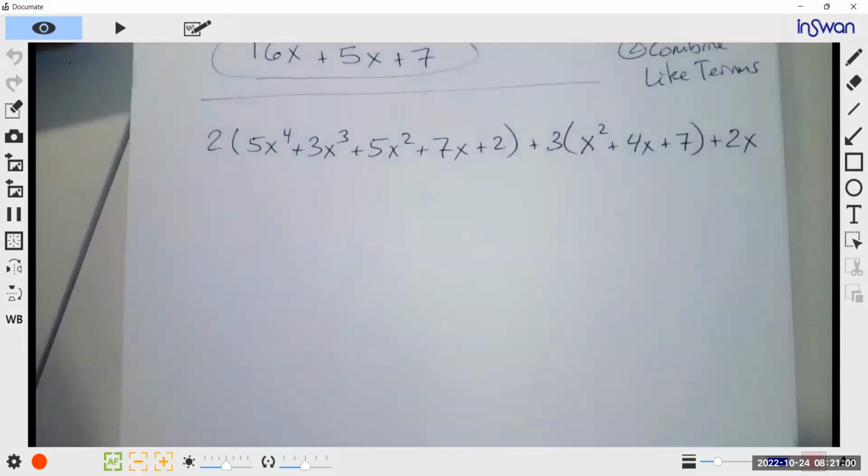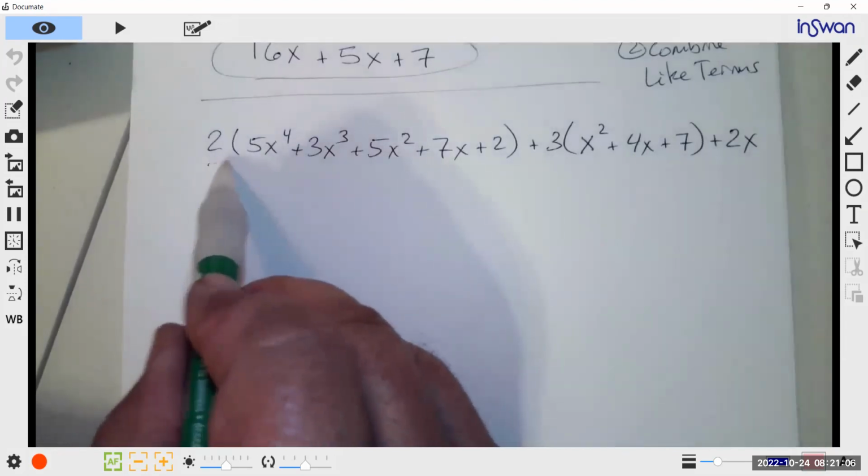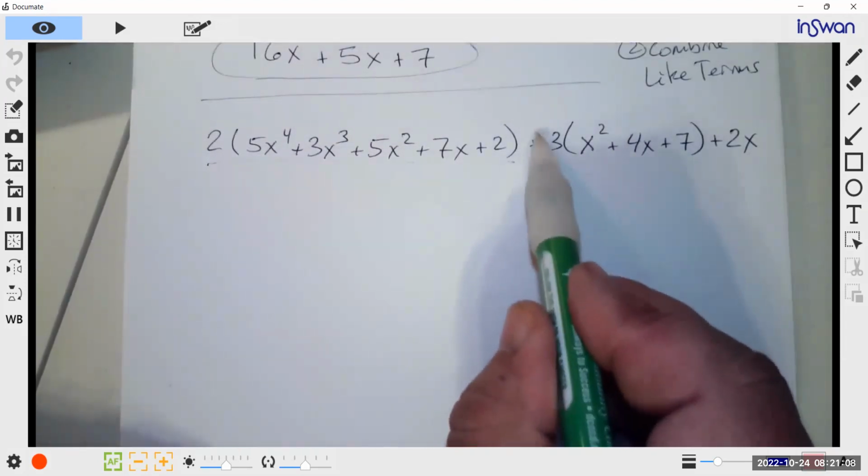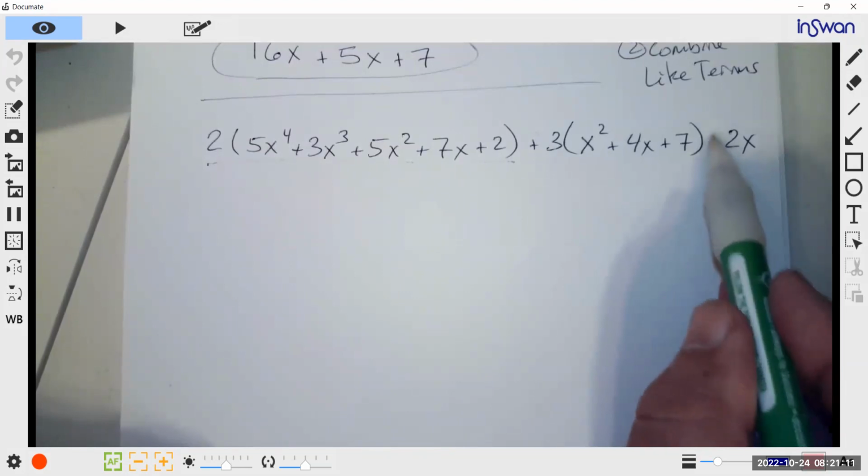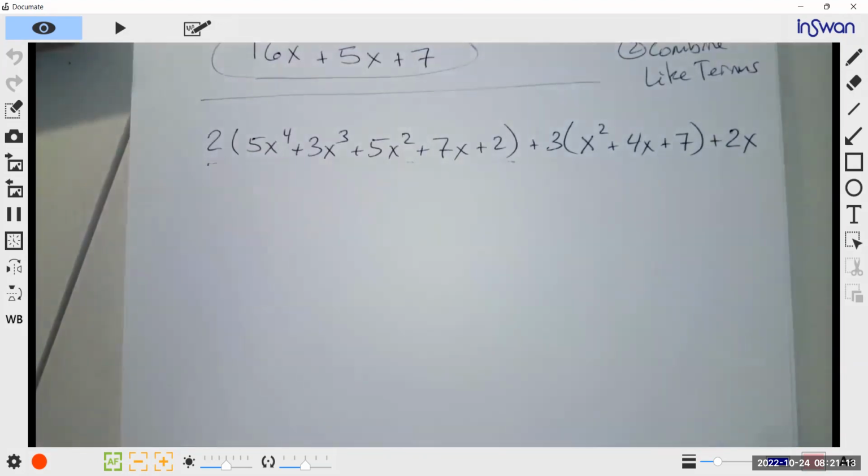Here's an example. We have 3 sets of polynomials. Here's one big one. There's a plus, a minus. There's another one. There's plus 1. So we have 3 terms in this equation.